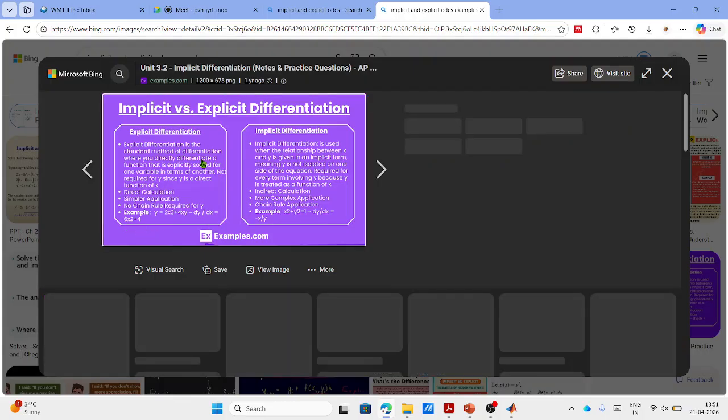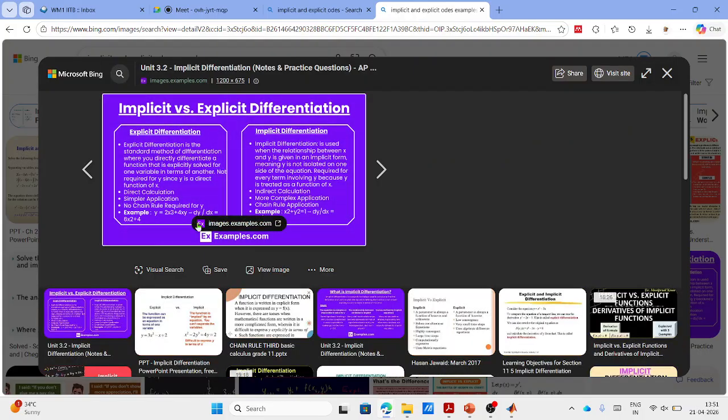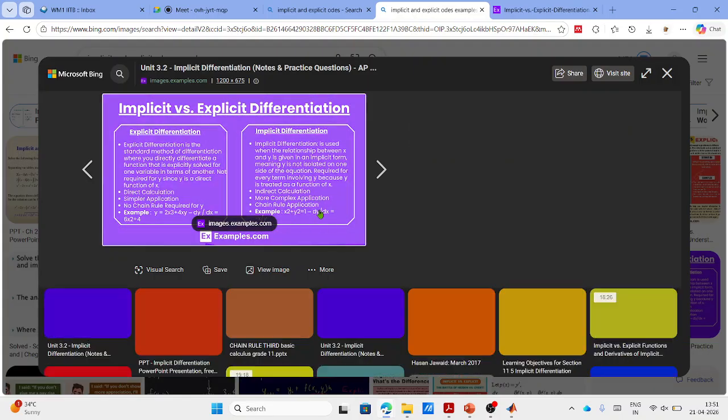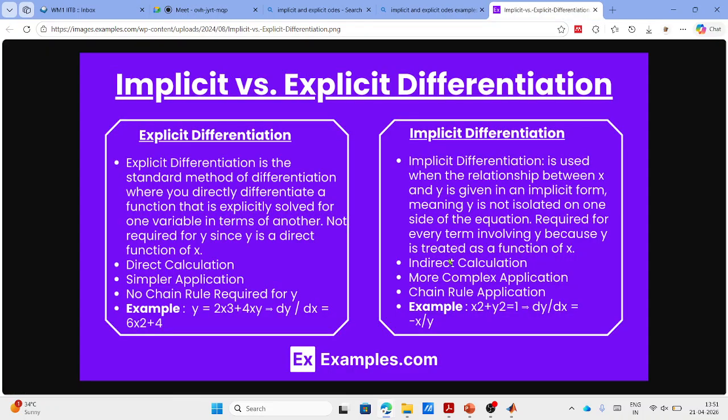Right? So here, can you see this part that your differentiation, this is an explicit equation. Now the implicit part, your dependent variable is also coming on the right hand side, right?